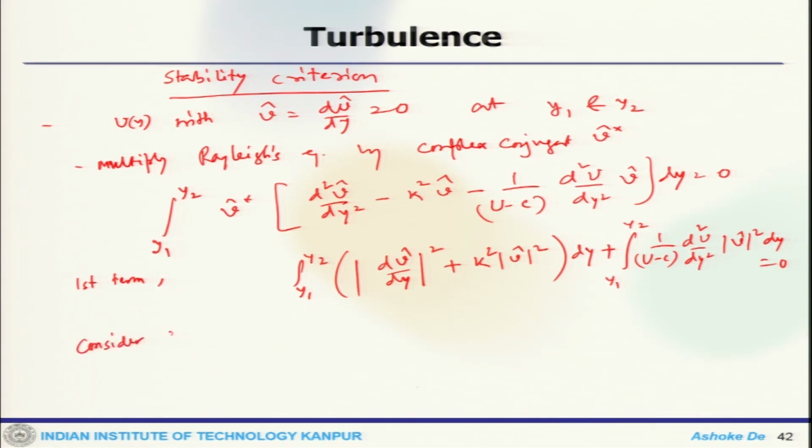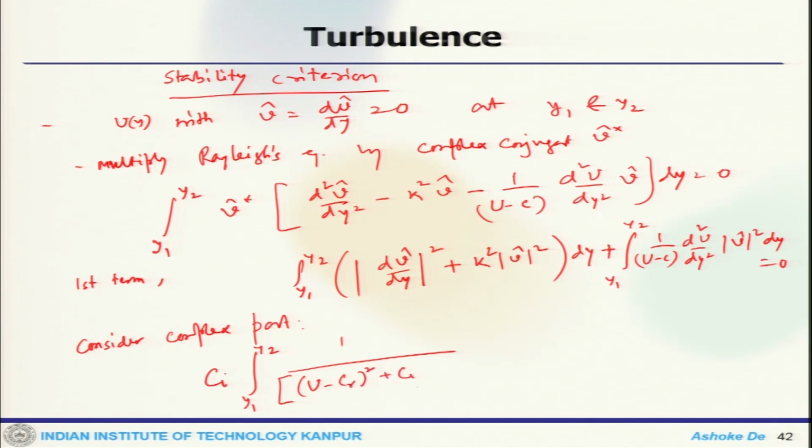Now, we can consider the complex part. So, considering the complex part, what we get is c i times the integral from y1 to y2 of 1 by ((U minus c r) square plus c i square) d2U by dy2 magnitude square of v hat, dy equals to 0.